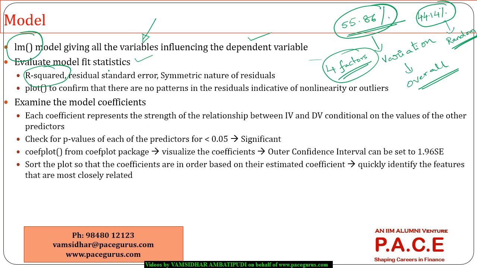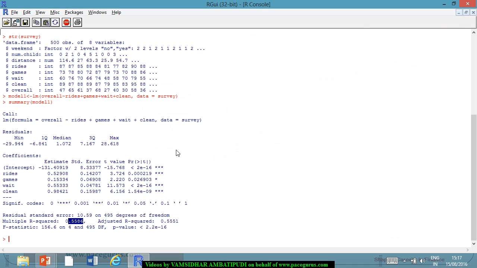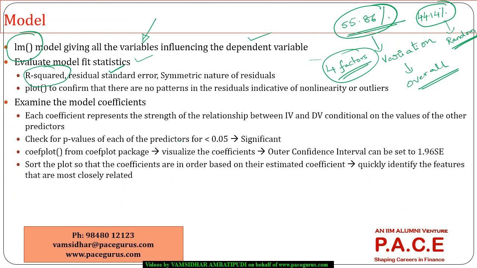Then we are also looking at the residual standard error. Here it is 10.59. So whatever I am trying to predict, on an average I can expect the standard error of the model to be around 10.59. So that much randomness, that much error will be there as a part of the estimate that we are creating.